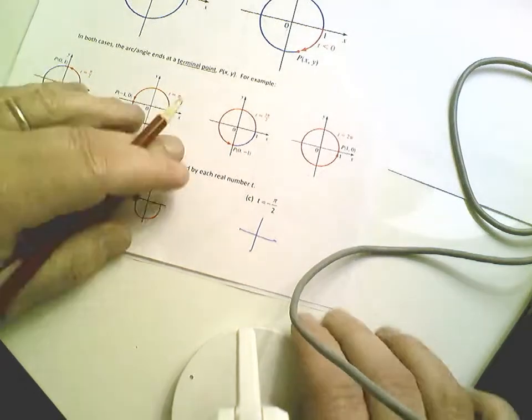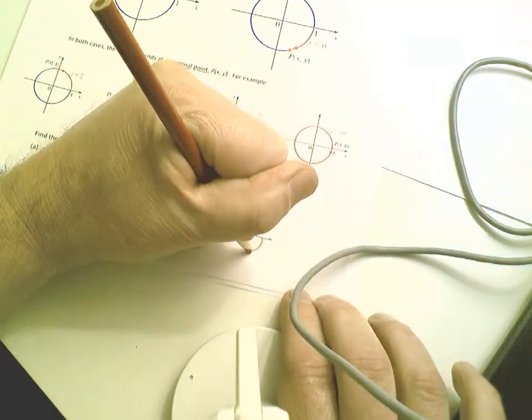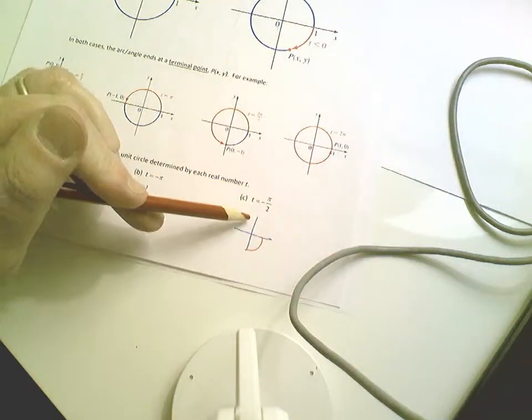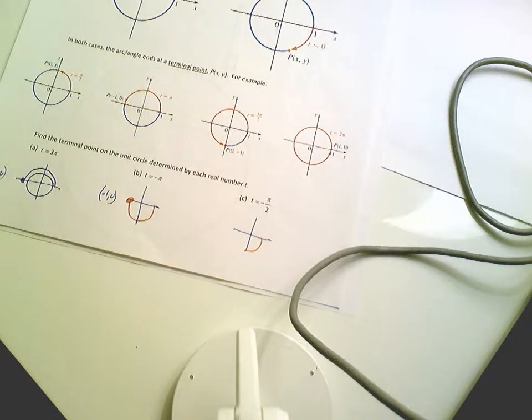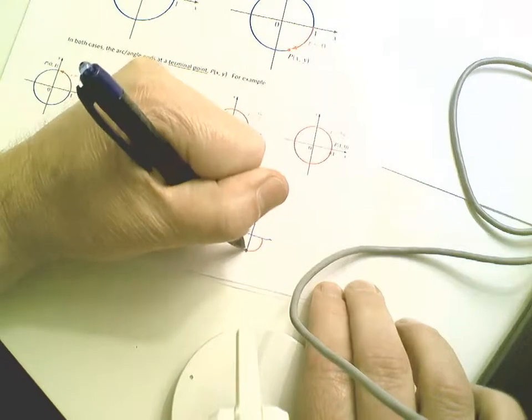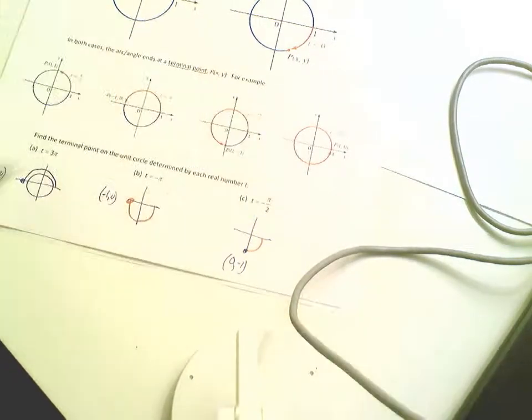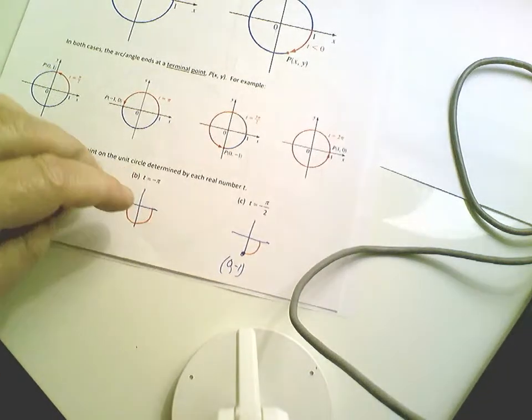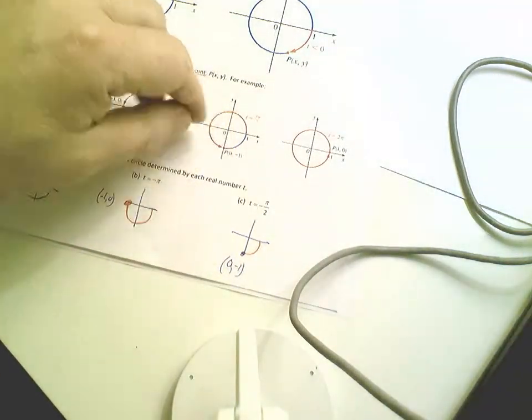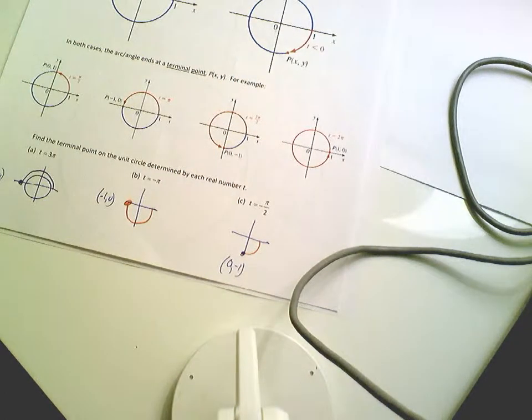Where do I go? Well, I got to go clockwise. Instead of going pi over 2 counterclockwise, I'm going to go pi over 2 in a clockwise manner. Where do I wind up? I wind up at the point 0, -1. So this is the concept here. On the unit circle, your arc length is equal to the angle that your arc has cut, has been subtended by.